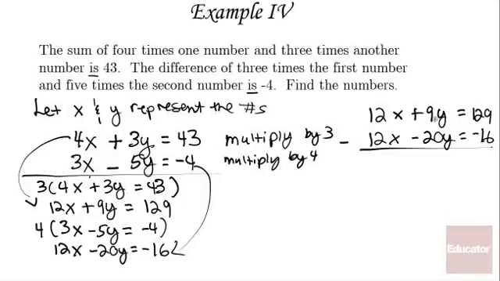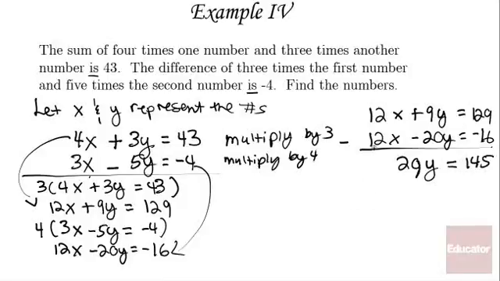What that's really saying is 9y plus 20y. So that's 29y. Then I have 129 minus negative 16, and that's equal to 129 plus 16, or 145.